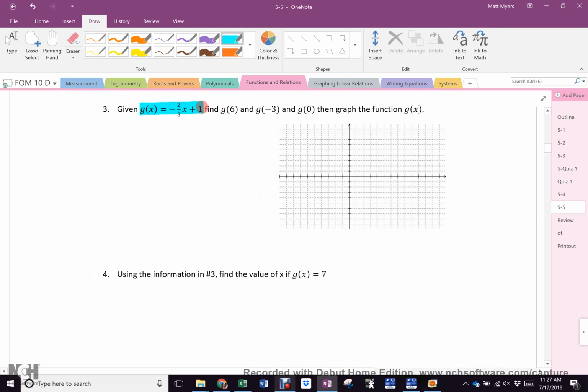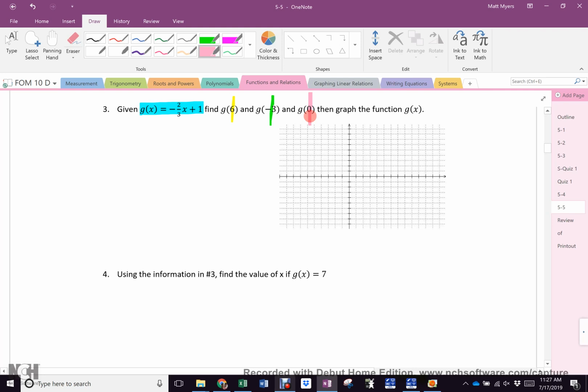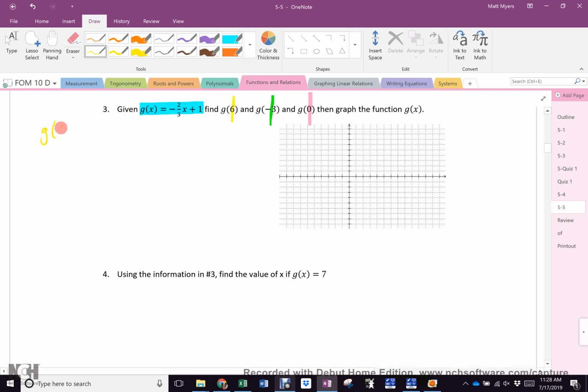I have an equation. And what are these three values? Are they x's or are they y's? Those are x's. So how many times do I have to do math to do this question? Thrice. I have to do the g of 6. What do I write here? Negative 2/3 times 6.